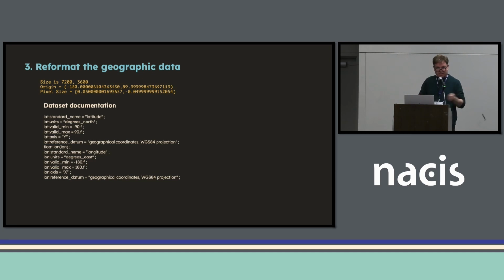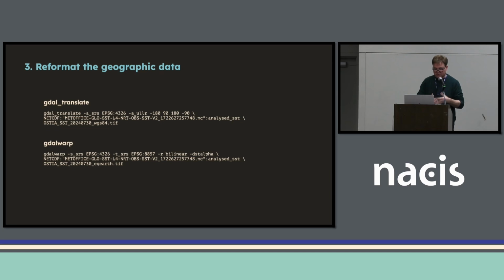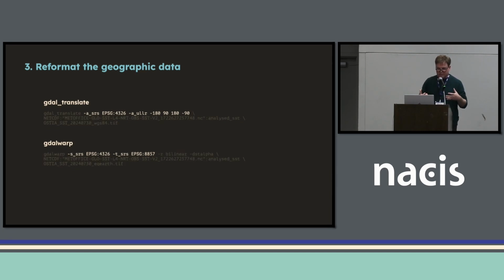But to double check, I went back to the dataset documentation published on the web, and sure enough, -90, 90, -180, 180. Now, there are two approaches to fix that. You can either use gdal_translate to assign a new spatial reference system, or you can use gdalwarp when you're doing the reprojection to tell the reprojection software what the initial reference system is, and then tell it the target reference system.